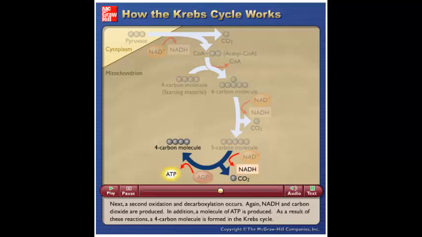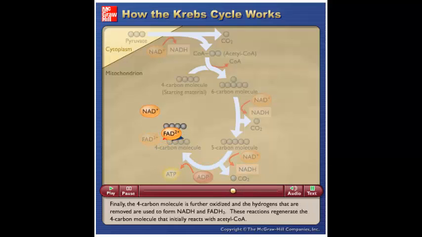In addition, a molecule of ATP is produced. As a result of these reactions, a 4-carbon molecule is formed in the Krebs cycle. Finally, the 4-carbon molecule is further oxidized, and the hydrogens that are removed are used to form NADH and FADH2. These reactions regenerate the 4-carbon molecule that initially reacts with acetyl-CoA.